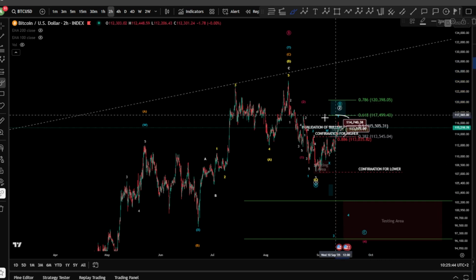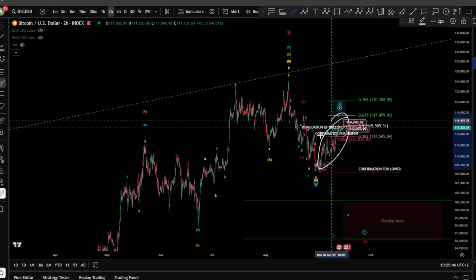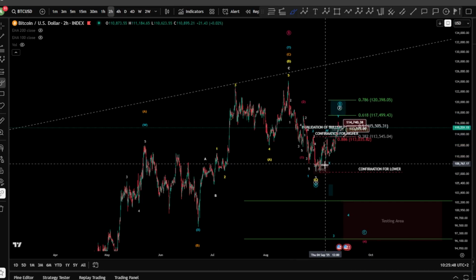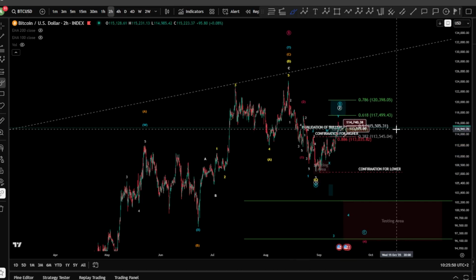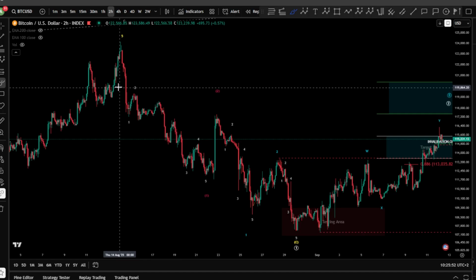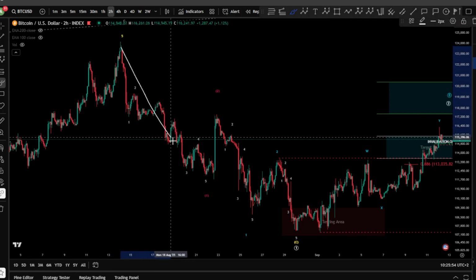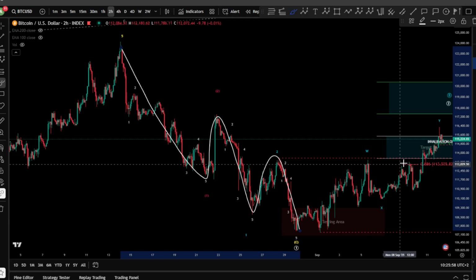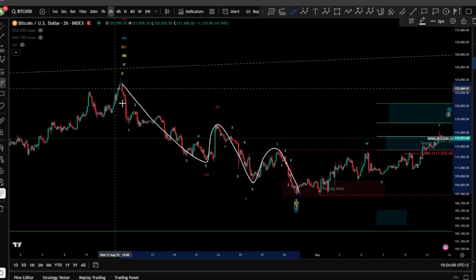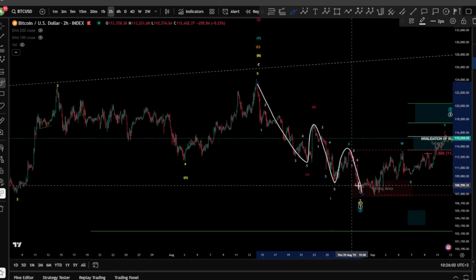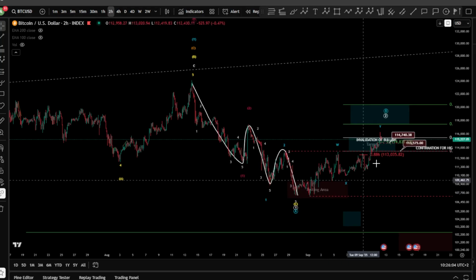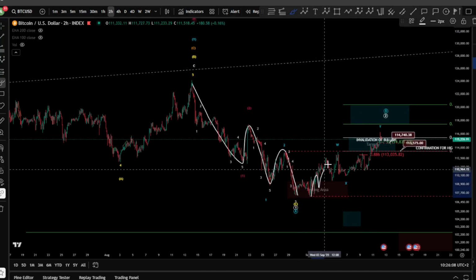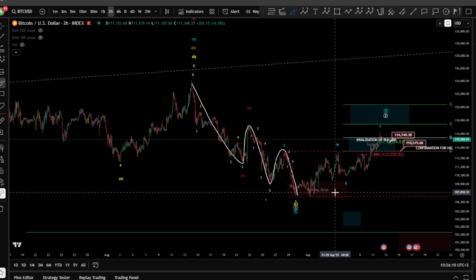But currently we are still very, very corrective in this area, very corrective and very complex, while the downtrend from this area here is a very, very clear 5-wave structure. How much easier is that to define and declare in comparison with this structure? This structure is very, very complex and of course unclear, right?